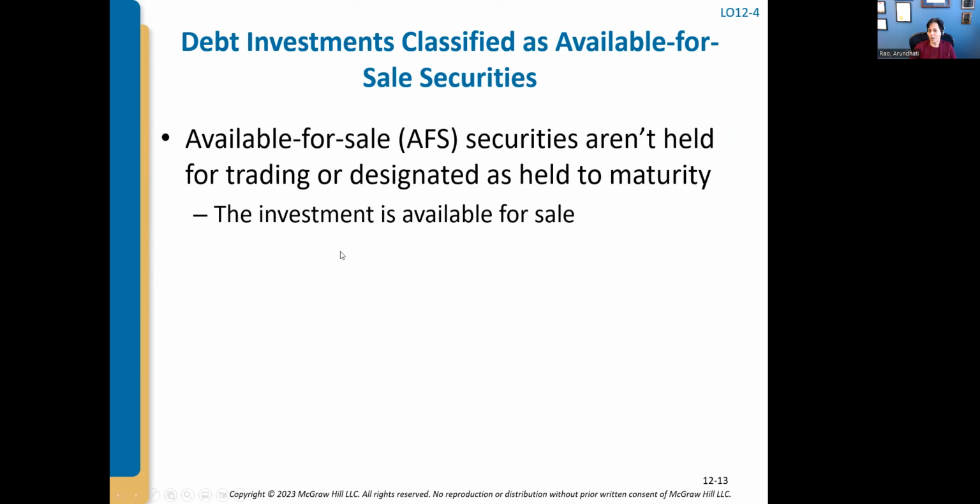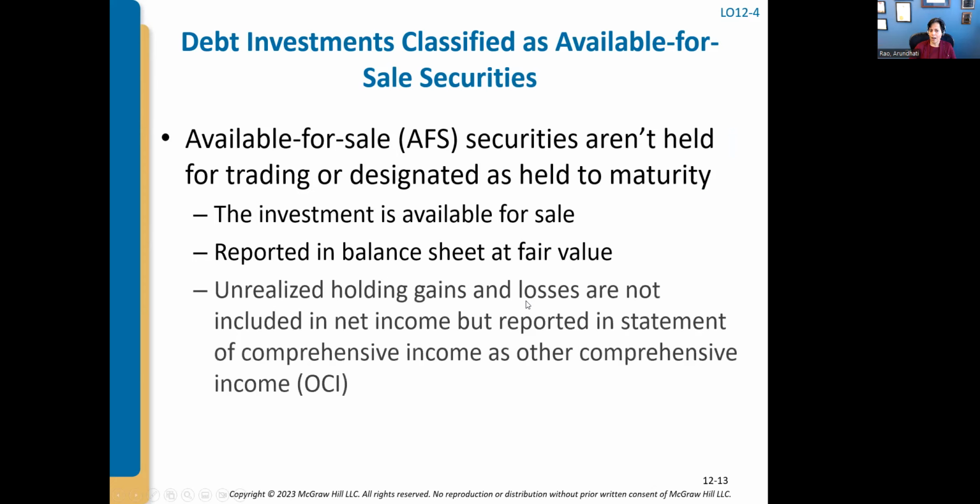I'm basically saying I'm going to hang on to this, but if the price is right, I'm going to sell it. It is reported on the balance sheet at fair value. So on the balance sheet, we're going to pretend this is a trading security. I want to put this at fair value. However, I may hold on to it.